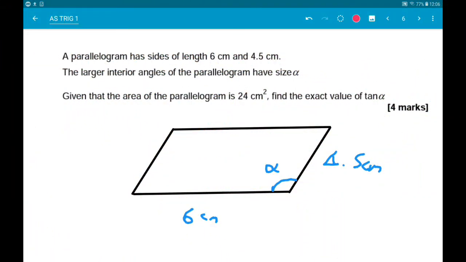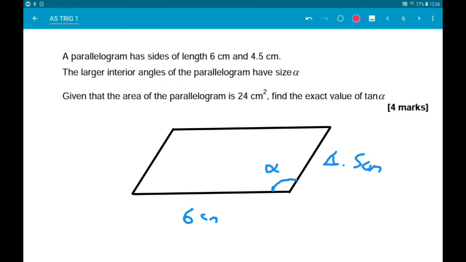Given number 2, a parallelogram has sides of length 6 centimeters and 4.5 centimeters. The larger interior angles have size alpha. Given that the area of the parallelogram is 24 centimeters squared, find the exact value of tan of alpha.